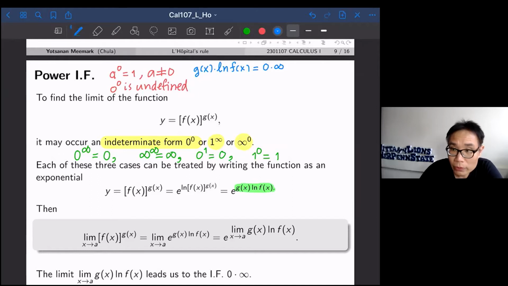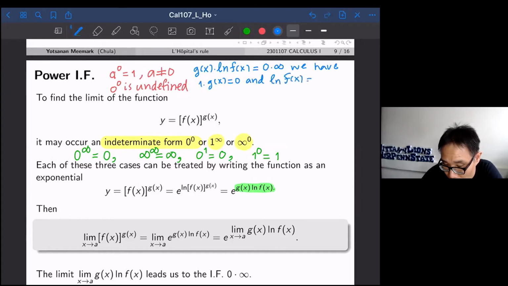So when you have 0 times infinity, we have several cases. In this case, you can have g(x) equal to 0, and you have log f(x) equal to infinity.